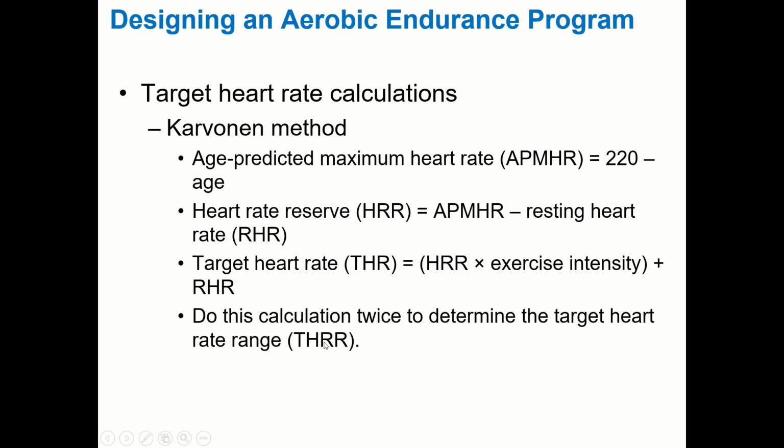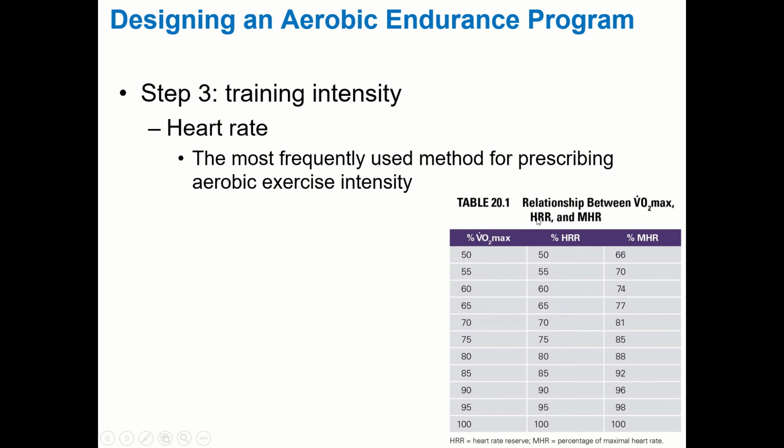And so you do that calculation twice to determine their target heart rate range. So, if we're trying to have them exercise between 70 and 80%, then we would set it up that way. The other thing is that the percent of heart rate reserve corresponds pretty closely to VO2 max. So just something else that's pretty handy from this little chart here.